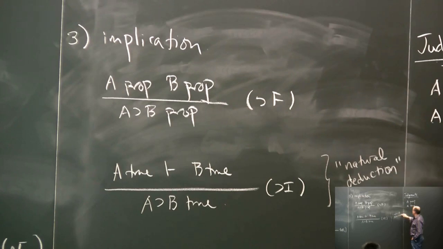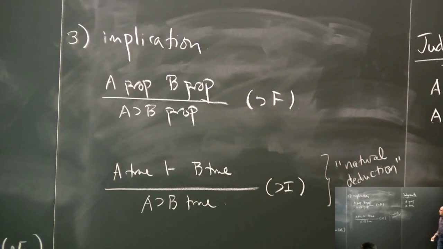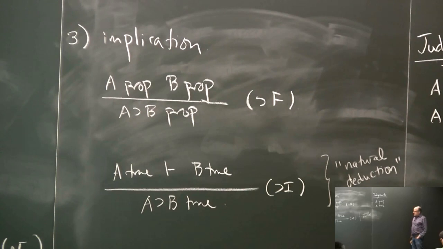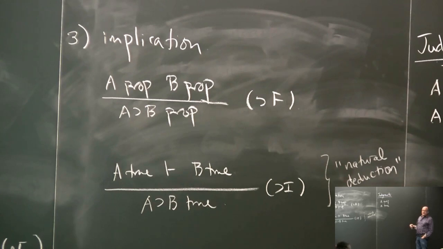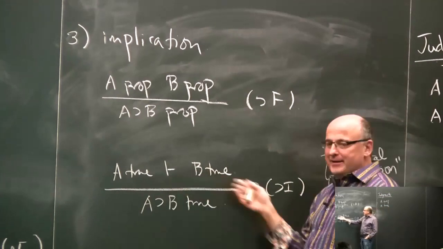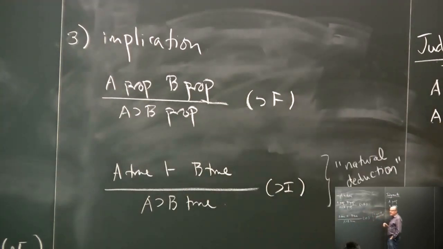You might have heard that before. That's the formulation being used here. It's called natural deduction because it feels pretty natural. If I ask you to prove an implication, the typical thing you're going to do is show that A entails B.